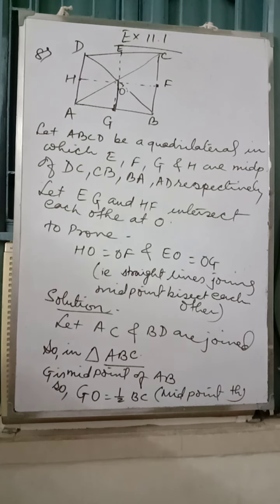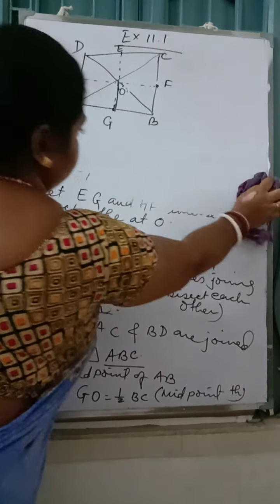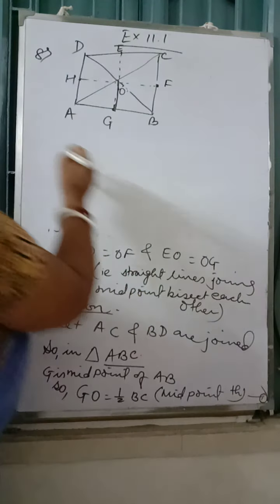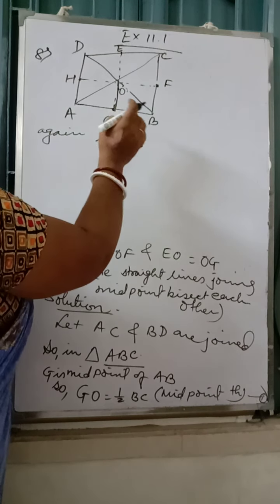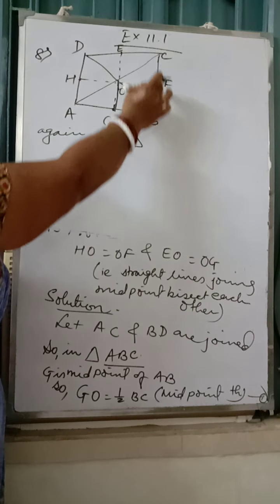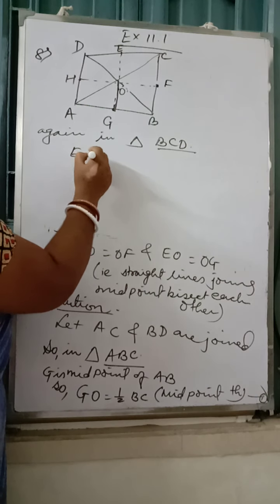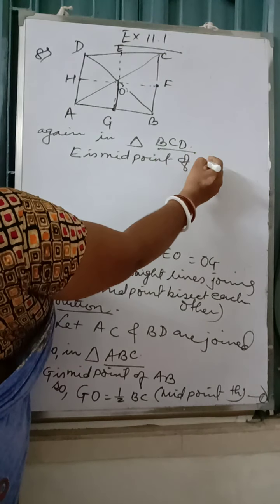Now, I'm rubbing this upper portion. This is number 1 I have written. Again, in triangle BCD, E is the midpoint of CD.